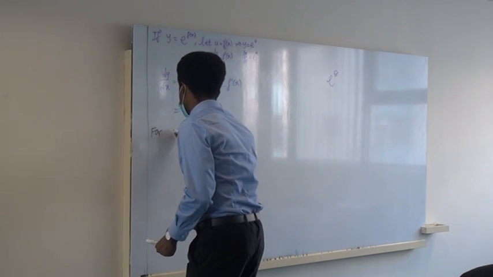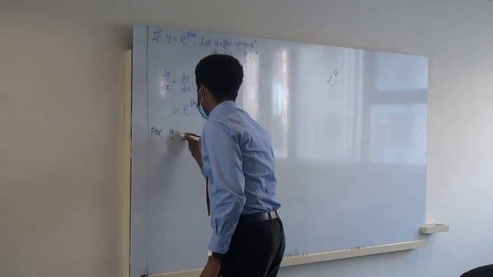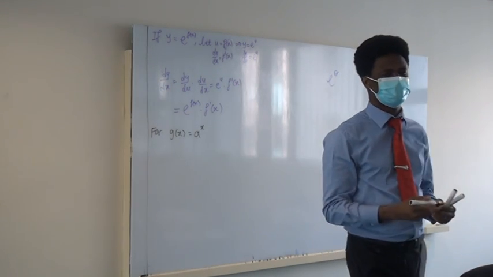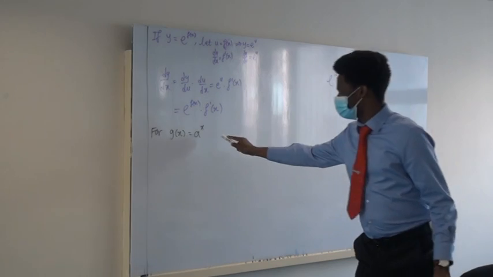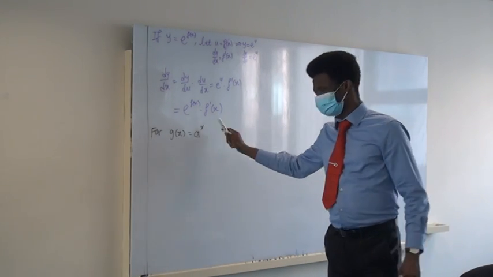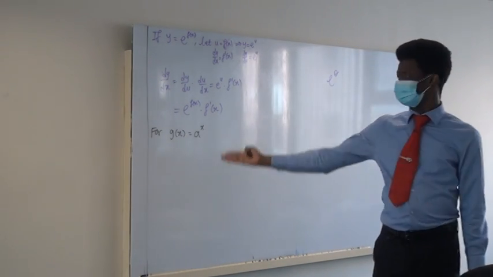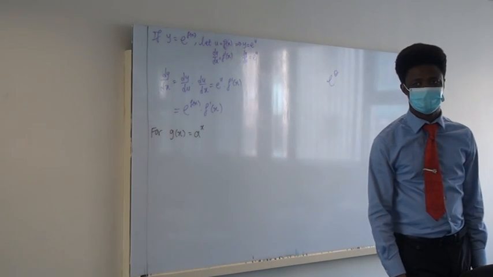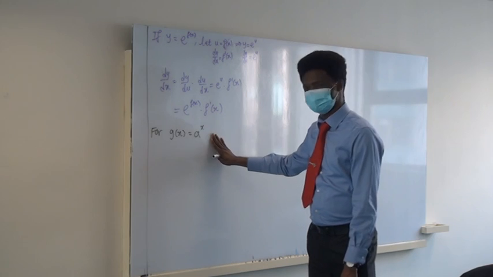For example, g of x is equal to a to the power x. Let's sort this first. Once we are able to sort this, we can sort a to the power f of x by using the chain rule again. Am I making sense?